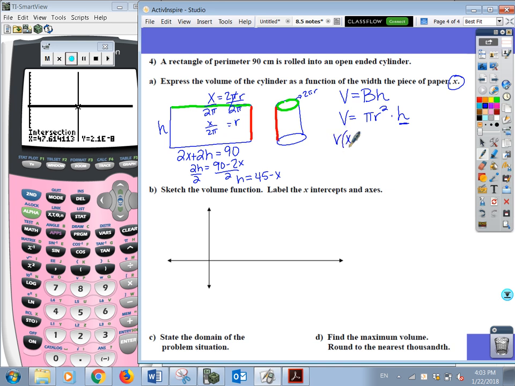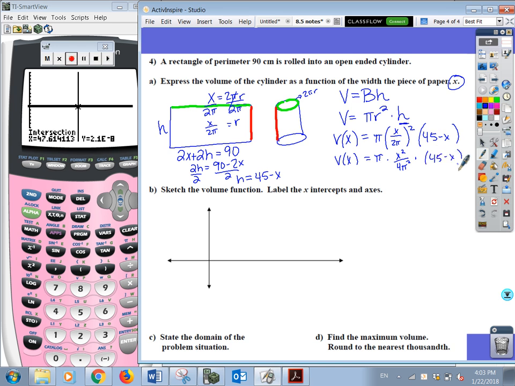The volume in terms of x, that means all the variables must be x. Pi, r is equal to x over 2 pi squared. H is equal to 45 minus x. So now we just need to do some math. So we have pi times x squared over 4 pi squared times 45 minus x.